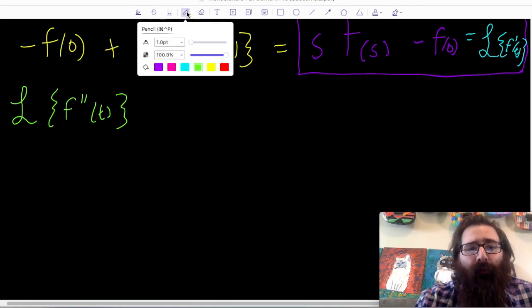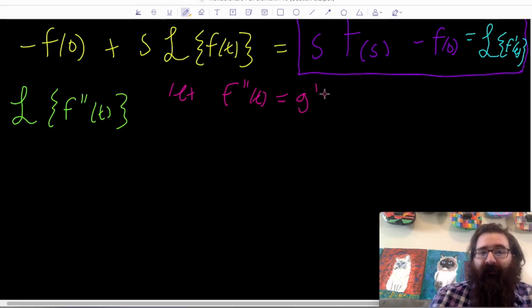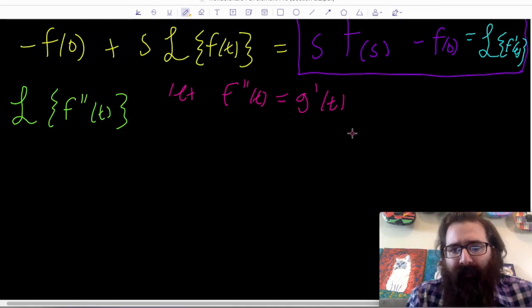So I'm going to make the following let statement. Let f double prime at t be equal to some function g's first derivative at t. And this is just a semantics argument. Derivatives are functions too.